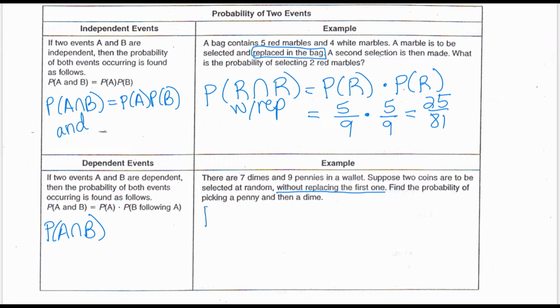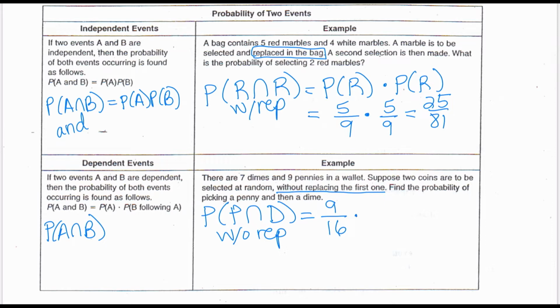So I want to pick a penny and then a dime, this time without replacement. So the first time you go in the wallet, the probability that you pick a penny is 9 out of 16. 9 because there are 9 pennies, and 16 because 9 plus 7. There are 16 coins in total in the wallet. And it tells me to multiply.